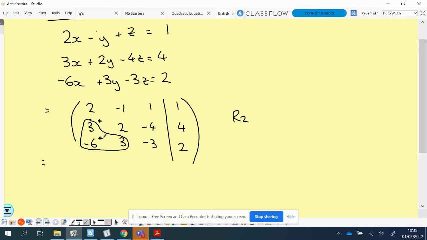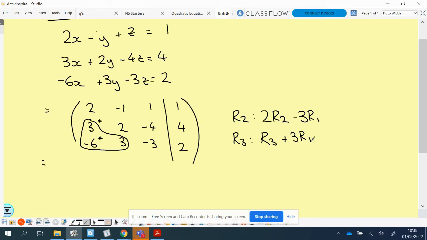So to get a 0 in row 2 there, I'd do 2 lots of row 2 minus 3 lots of row 1. That's how I get a 0 in that entry. Now for row 3, I want a 0 where that negative 6 is, so I'm going to add 3 lots of row 1.